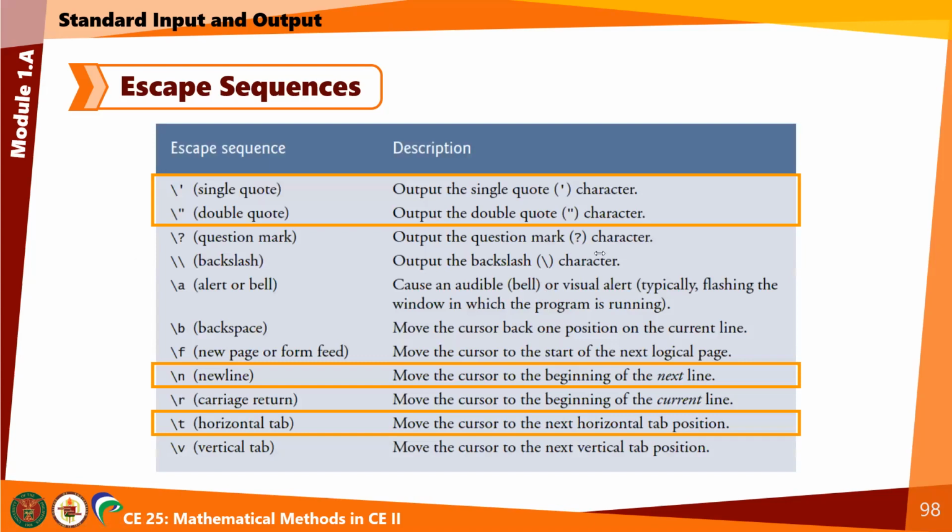Ayan, nandito na pala. Ayan. Ito lang itong mga naka-box lang yung usually na ginagamit ko. Mostly backslash n and backslash d. I also tried this. It's fun. Backslash a. So may bell na tutunog whenever you put the output.